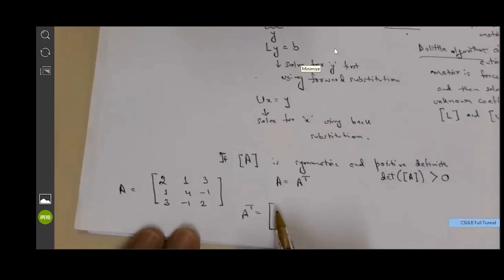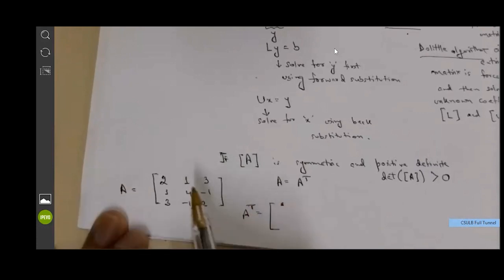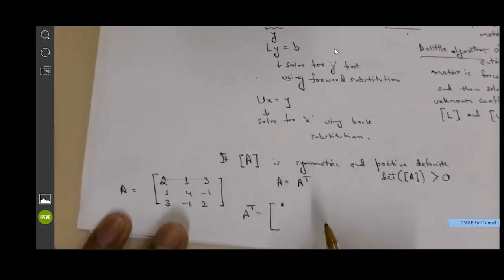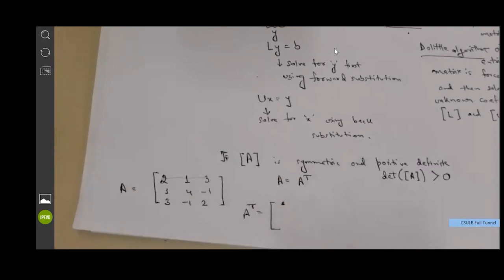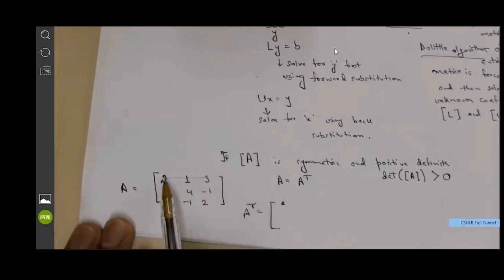Can you tell me what will be the elements of A transpose? Transpose basically means the rows will become columns and columns will become rows. That's it. So rows become columns. If I take a row and put it in a column, and this column becomes a row, what do I get as the first entry?